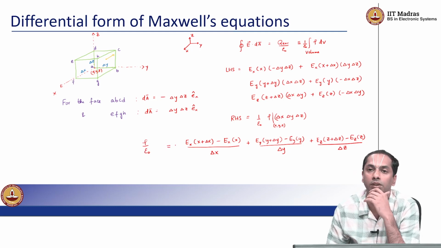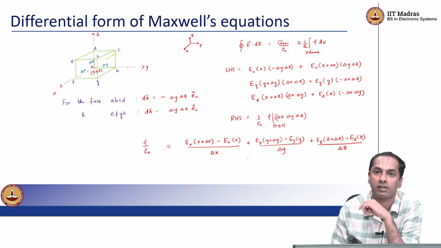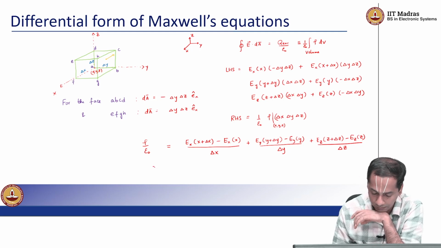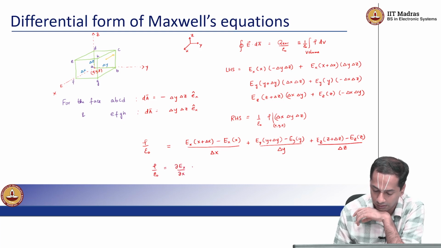You can identify each of these fractions as partials. So rho over epsilon naught is dou Ex by dou x plus dou Ey by dou y plus dou Ez by dou z.